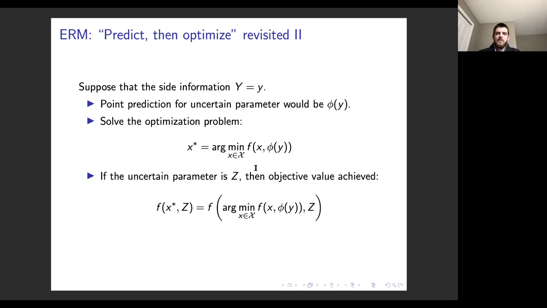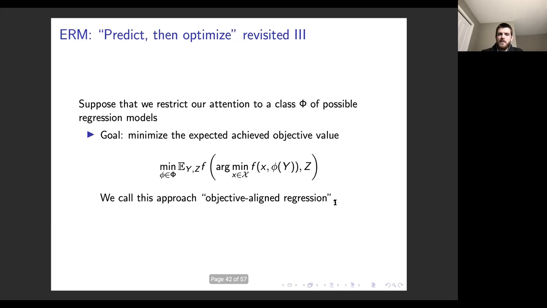Then if our uncertain parameter turns out to be z, the objective value that we're actually going to achieve is f of x star and z. If we look at how we define x star, we get this nested looking thing where we have the function applied to this argmin of the function. So if we were using predict and optimize, this is the objective value that we would achieve. And so what we're going to do is try to find the best regression model to minimize this actual achieved objective value.